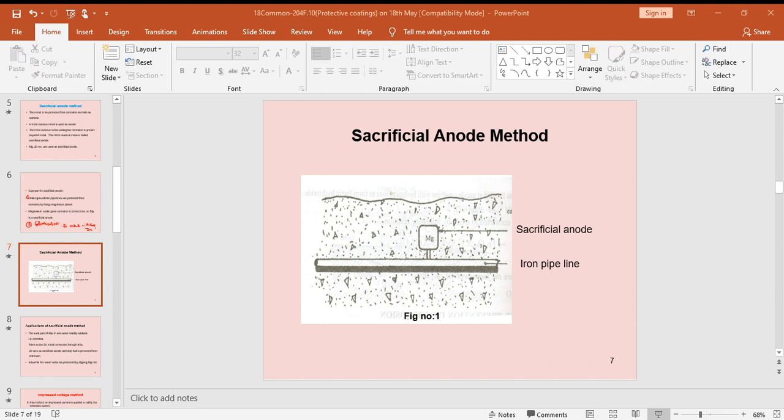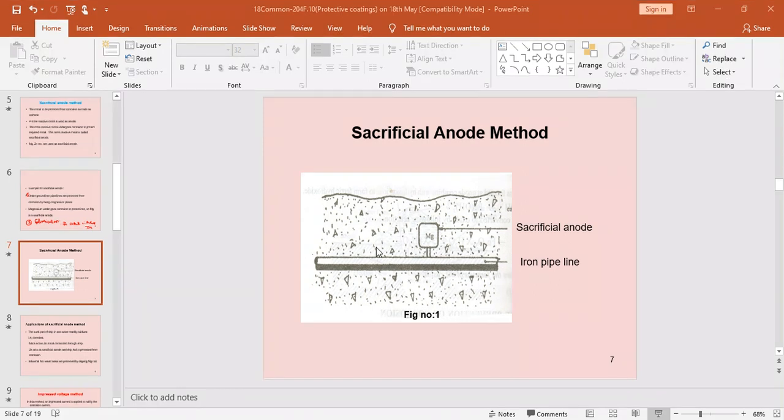So, loss of electrons. This is an example for the sacrificial anode method: magnesium.